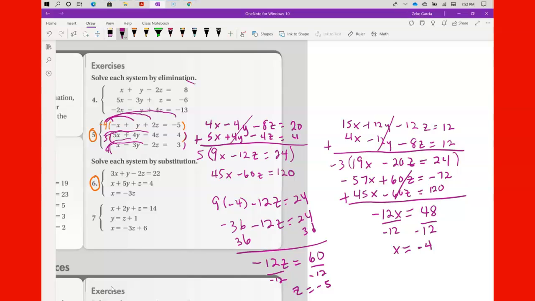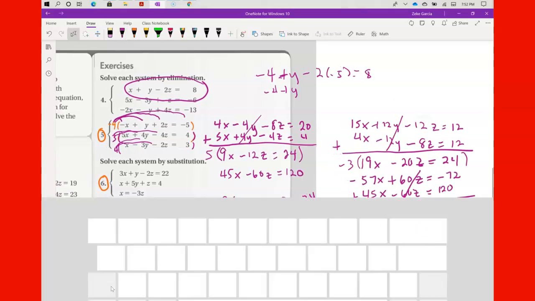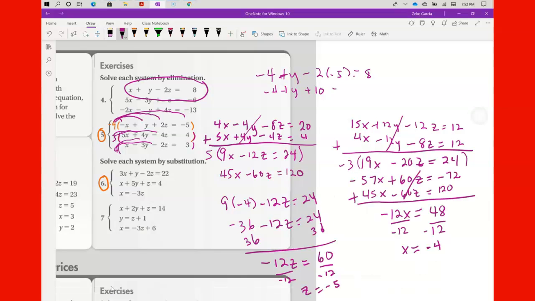So I'm going to use this equation here as the last to find the value of y. So we have x is negative 4 plus y minus 2 times negative 5, because that's z, equals 8. So we have negative 4 plus y plus 10 equals 8. So you have y plus 6 is equal to 8.